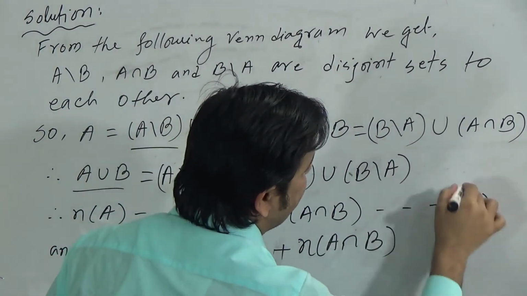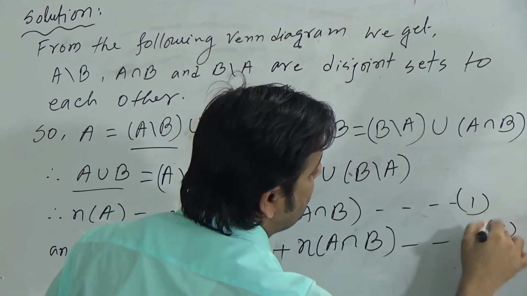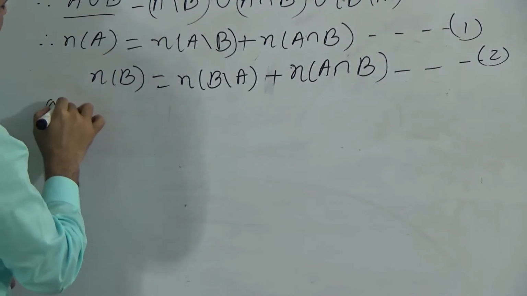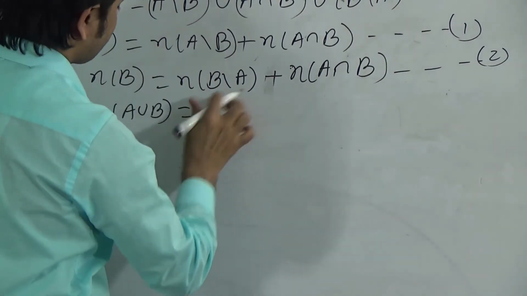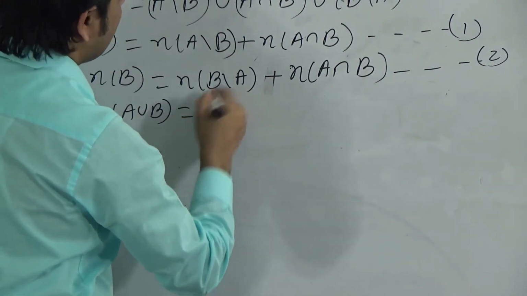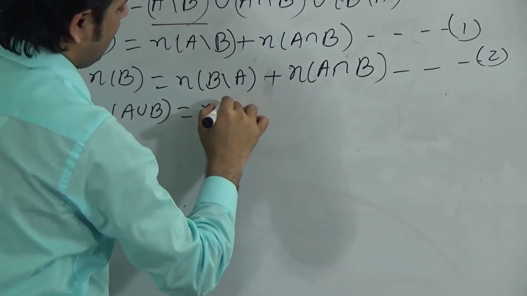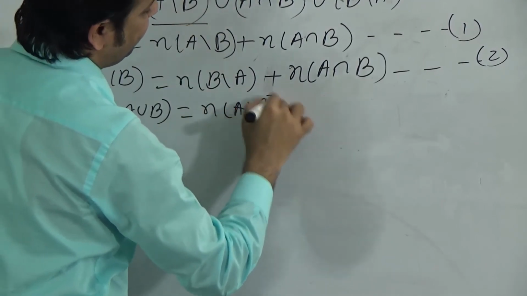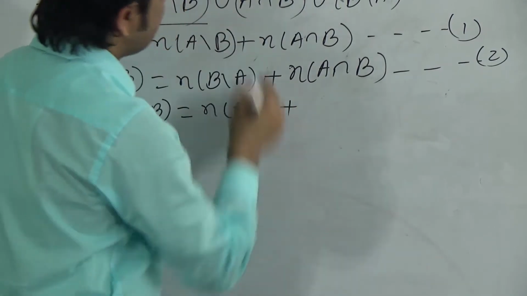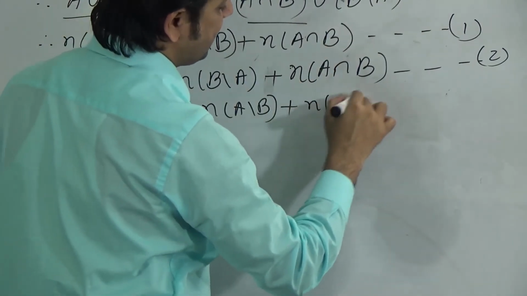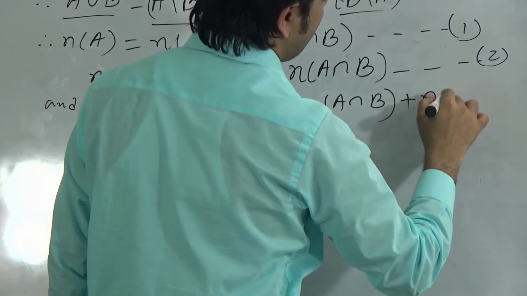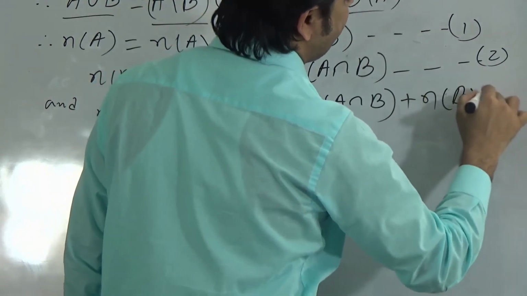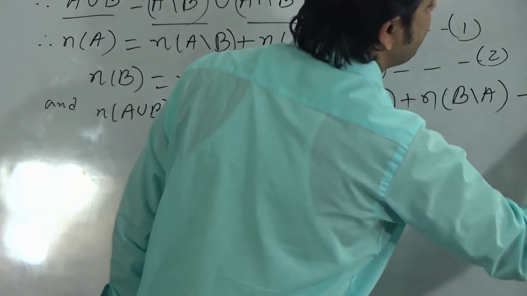This one I can give equation 1, this is equation 2, and now we can write here the number of elements of A union B, that will be number of elements of A delete B, as here is union we have to write plus, number of elements of A intersection B, as here is union we have to use plus, and number of elements of B delete A, this is equation 3.